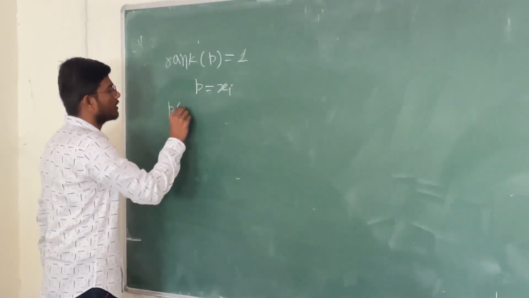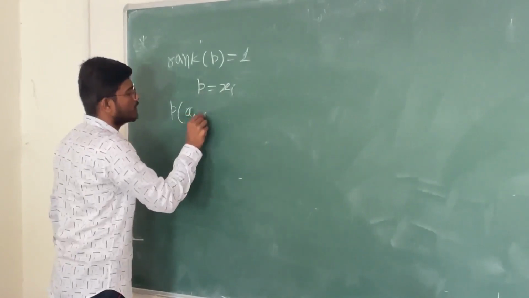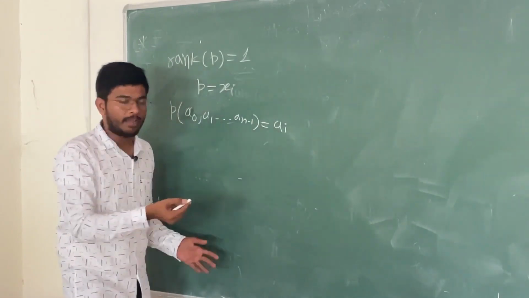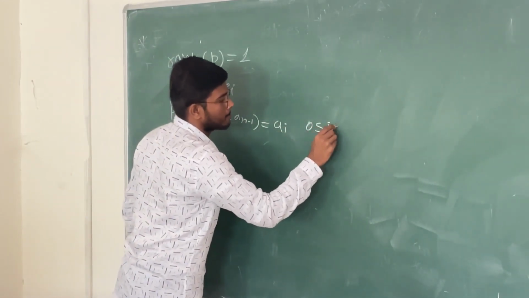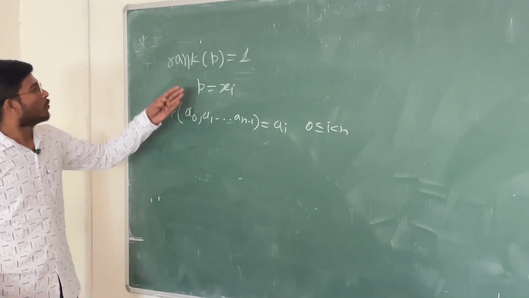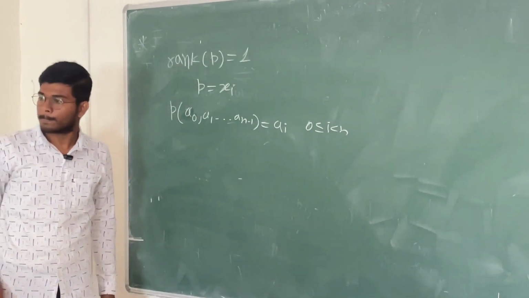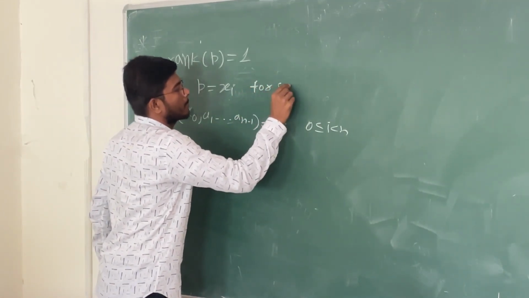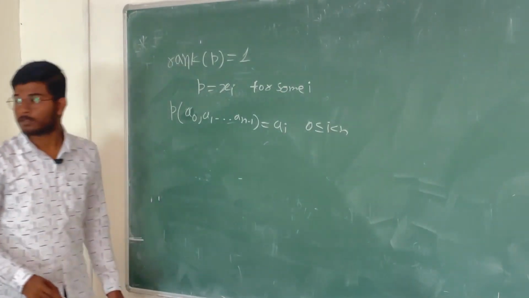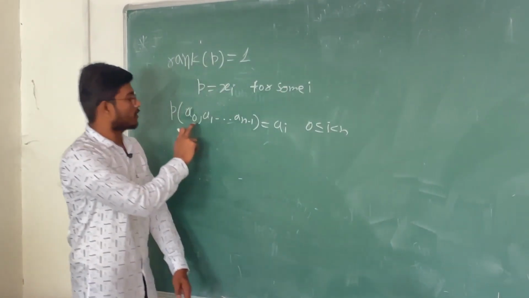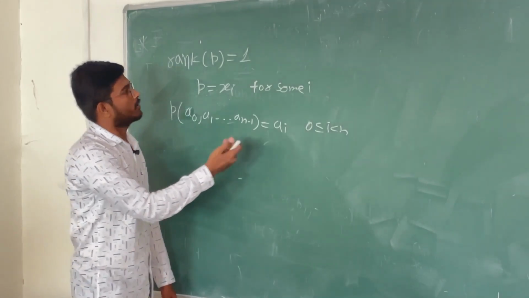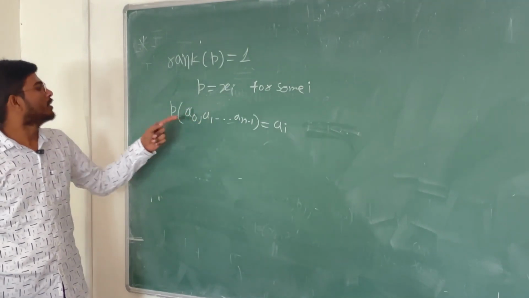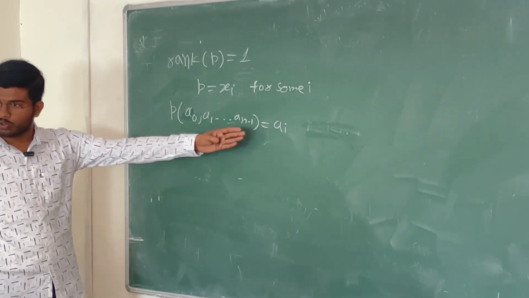So if we take the polynomial evaluated at these points, it will be some ai, as we are taking rank 1, p is equal to xi for some i. Then it is obviously ai only, for that same i. As we are taking rank 1, it is a monomial, so it will be only one value.